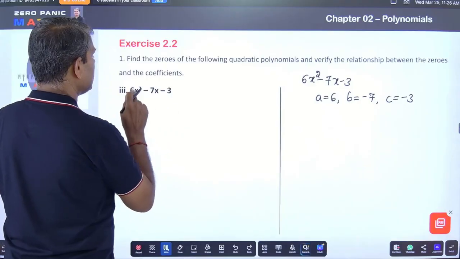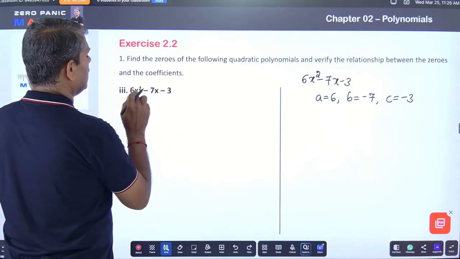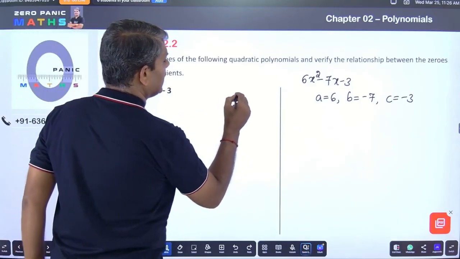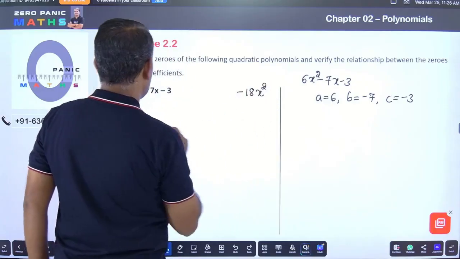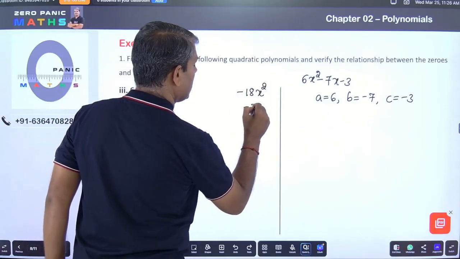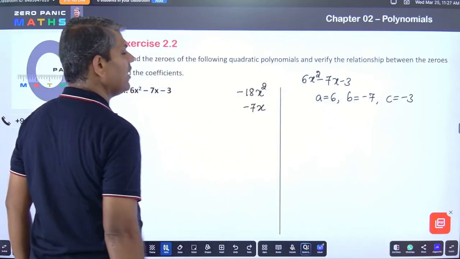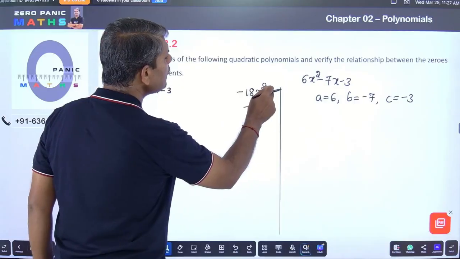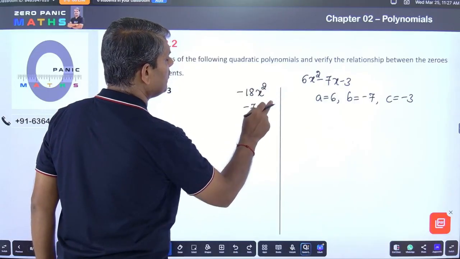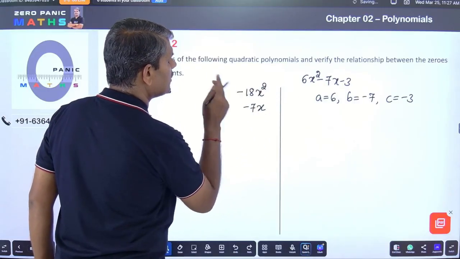Okay, now what is this? I have 6x square times minus 3, that is minus 18x square, and the middle term is minus 7x. So the sum I should have as minus 7x, and for the multiplication, even if you leave the variables, you can just look at the values also.